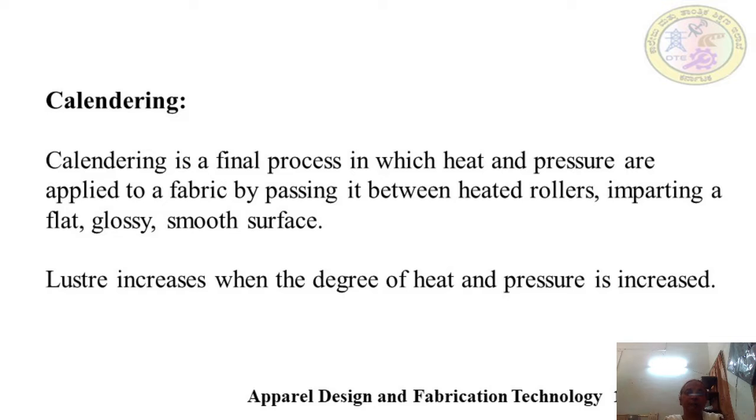What is calendering? Calendering is a final process in which heat and pressure are applied to a fabric by passing it between heated rollers, imparting a flat, glossy, smooth surface. Luster increases when the degree of heat and pressure is increased.